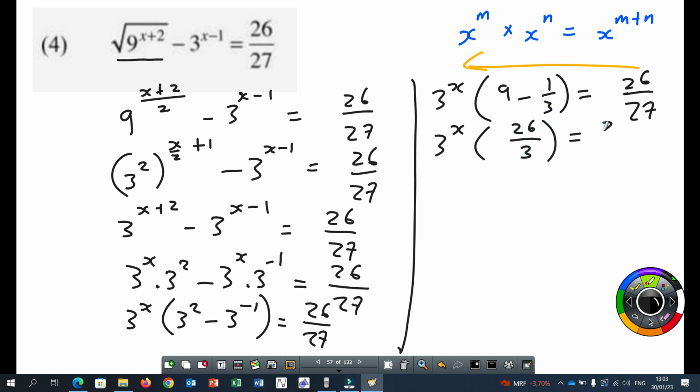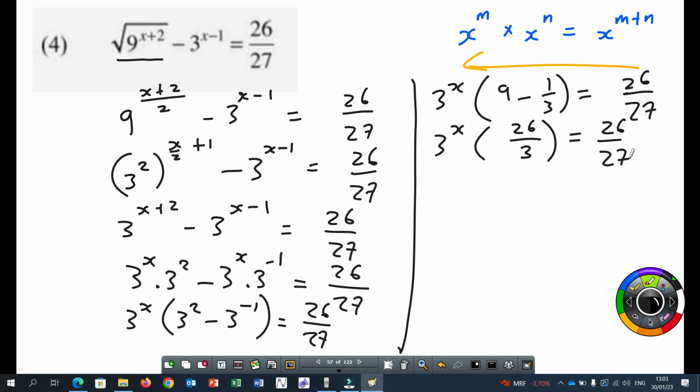Okay, you can use the calculator if you can't do it mentally. Okay? 9 minus 1 over 3, that's 8 and 2 over 3. 8 and 2 over 3 as an improper fraction will be 26 over 3. Okay?